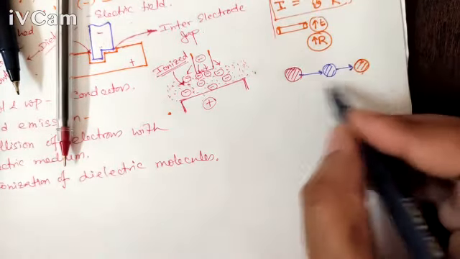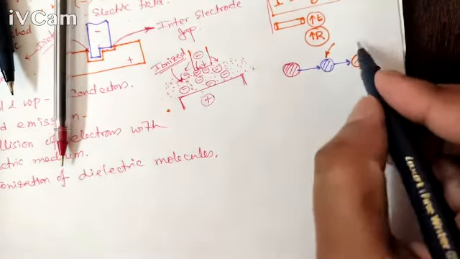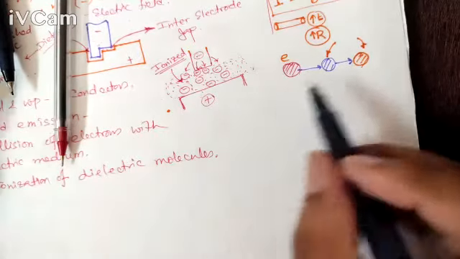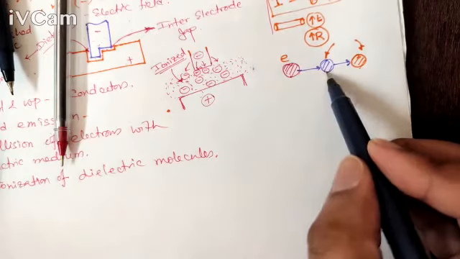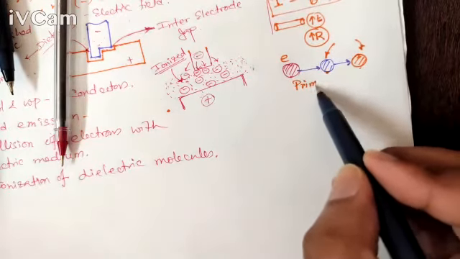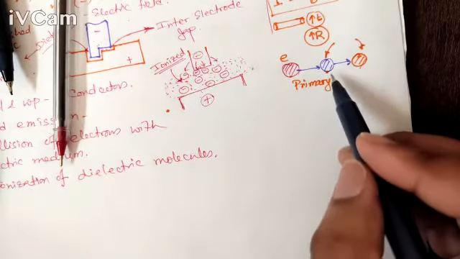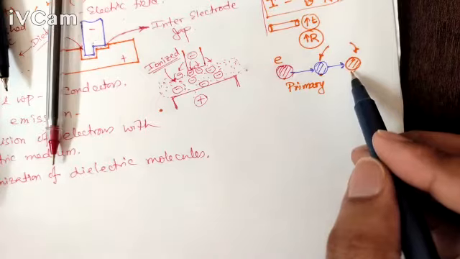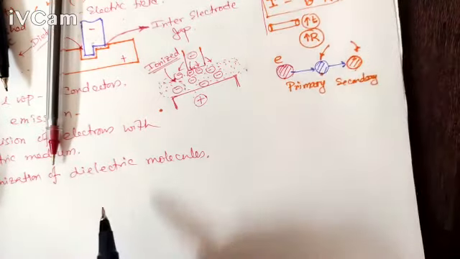Okay. So this is one molecule of the dielectric, this is another molecule of the dielectric, and this is the electron. Once this electron is hitting the one molecule, this is primary collision. Once this molecule is hitting this one, this will be secondary collision.